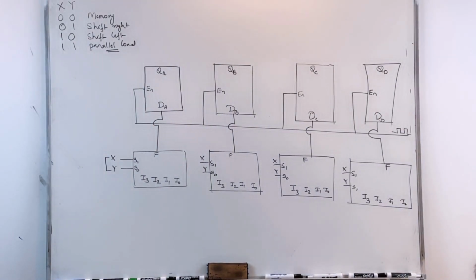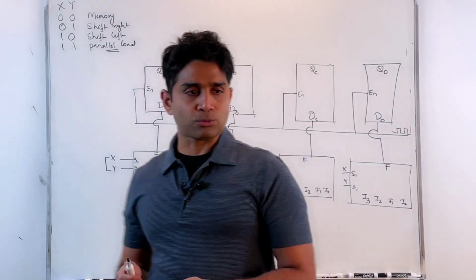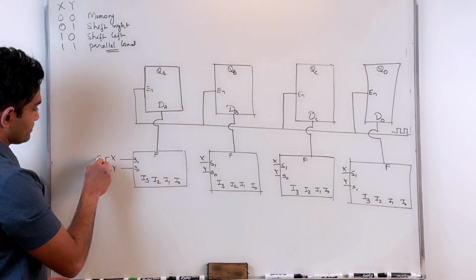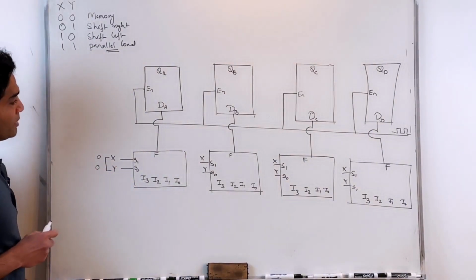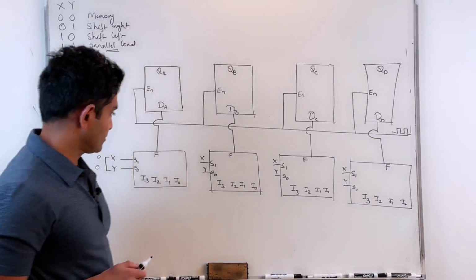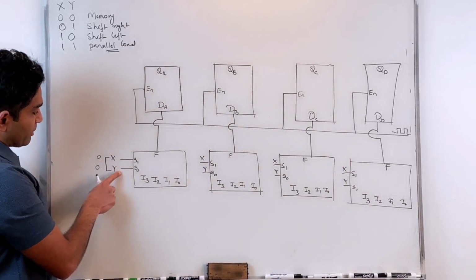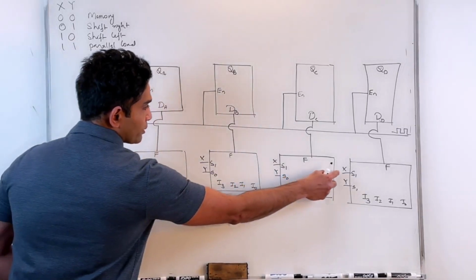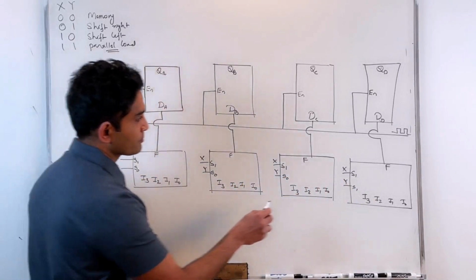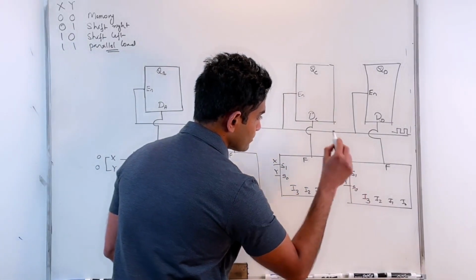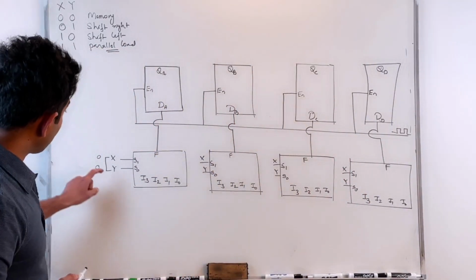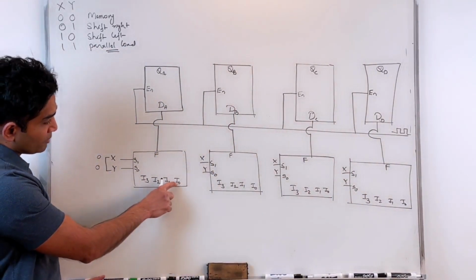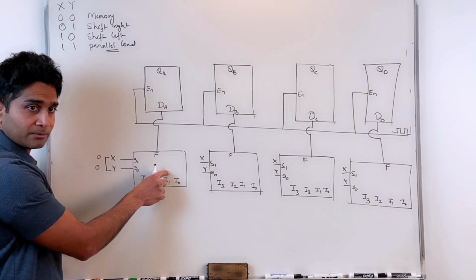Now when I apply 0, 0 on my multiplexer inputs here, what is being routed to the output? When I say X, Y is 0, 0, that means I'm applying 0, 0 on each of my multiplexers. That means I0 is being routed to the output.